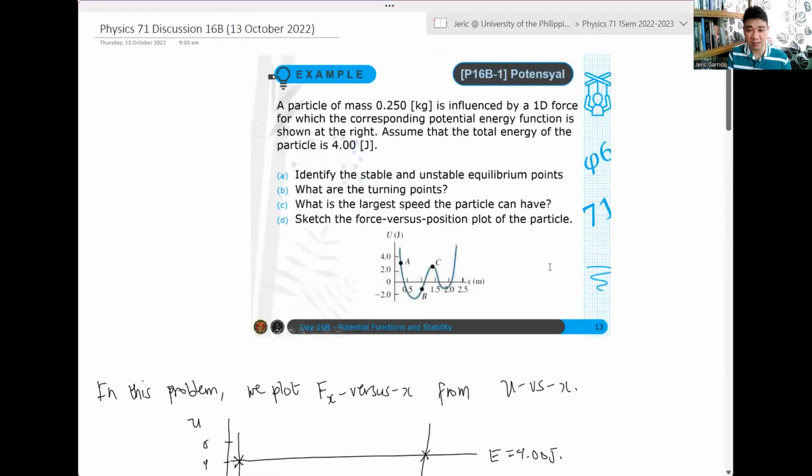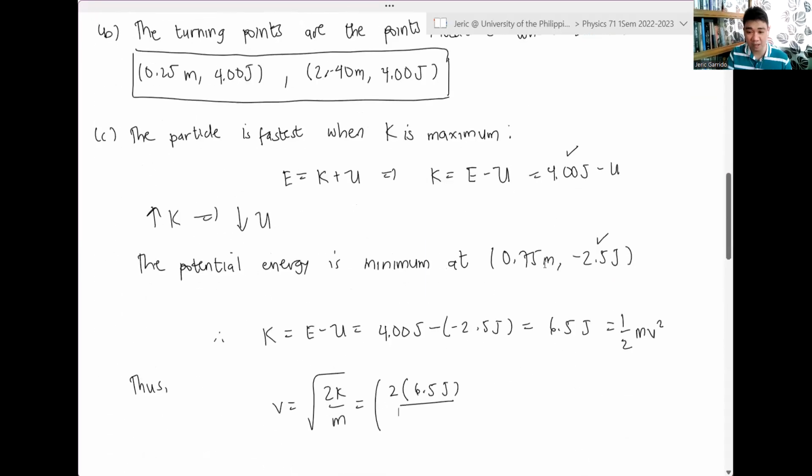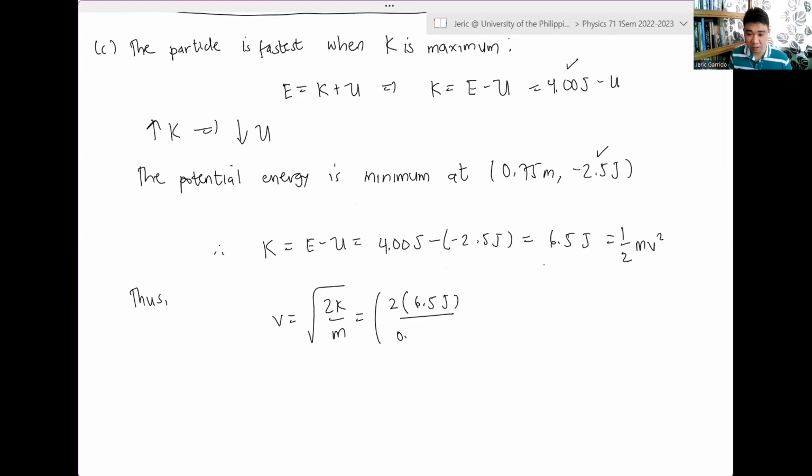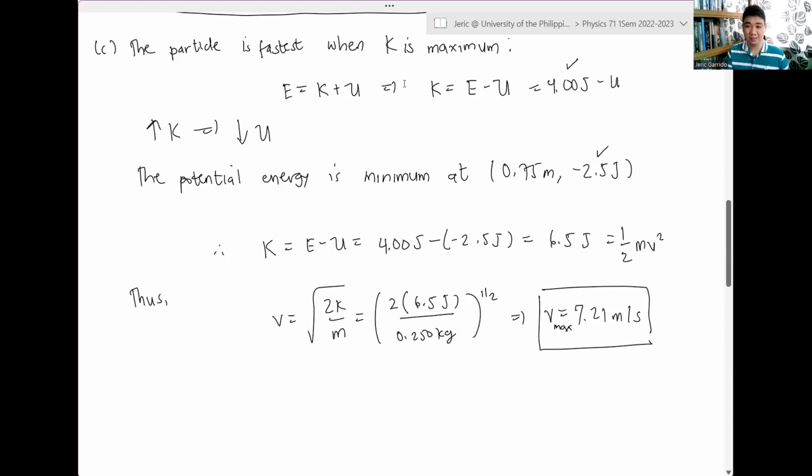It turns out that it is a 0.250 kilogram particle. So this is 0.250 kilograms raised to 1/2. And it turns out that the answer V, or the maximum velocity V max, or maximum speed, is 7.21 meters per second. Tama? Tama?